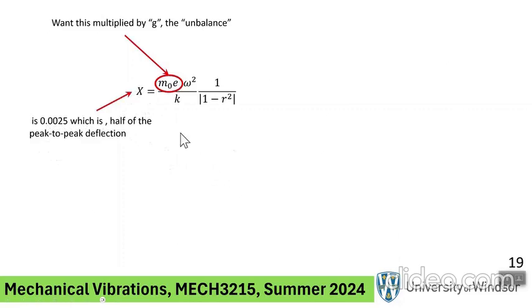That's what we were told. So peak to peak means 2x, so x itself is half of the 5 millimeters, which is 0.005. 6 times 6,000. We know what R is, right?